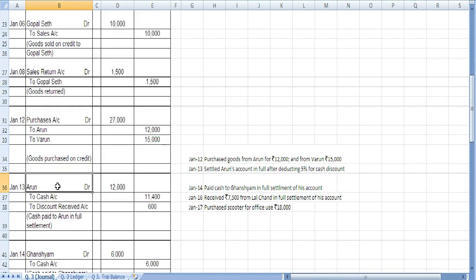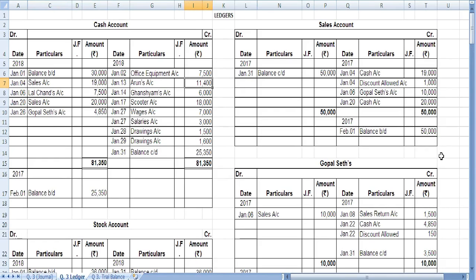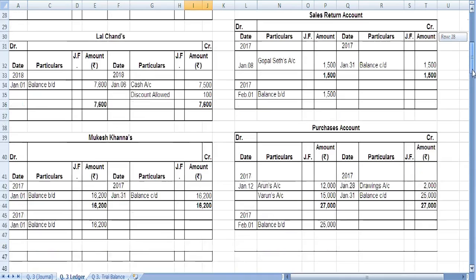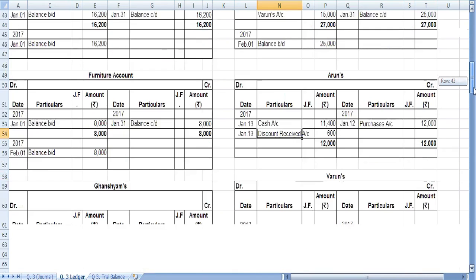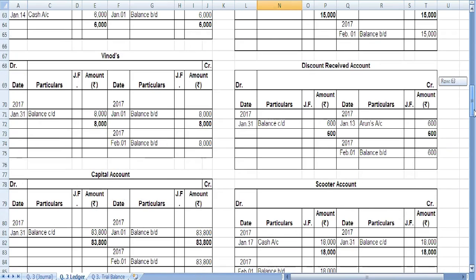Then we have Arun to discount receipt. Let us go to Arun once again. Here Arun to discount receipt 600. Now we'll go to discount receipt, and Arun will become by. So here discount receipt by Arun 600.